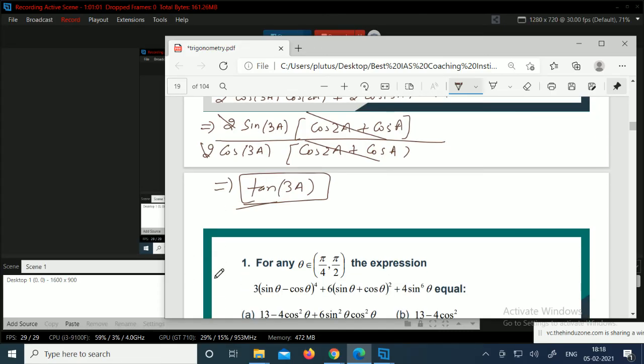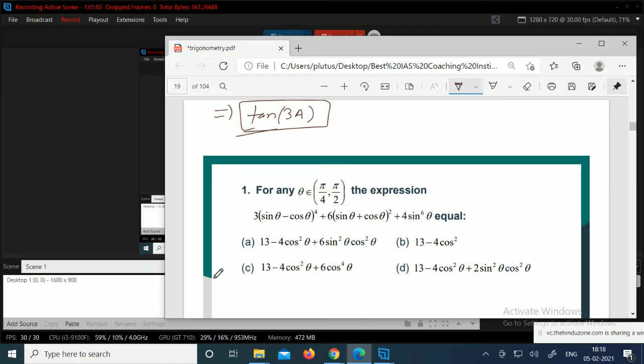Now let's solve a question which was asked in an earlier JEE. So try to solve this question. We have to find the value of this expression.